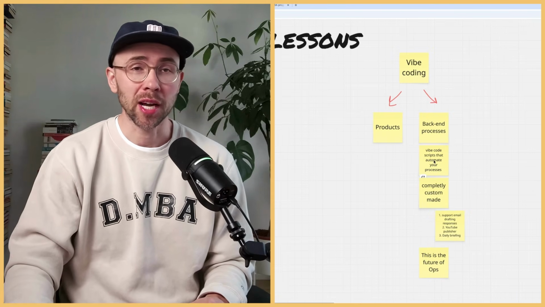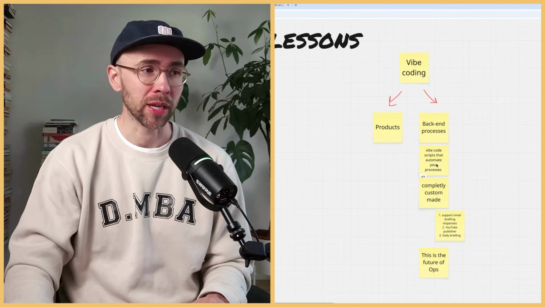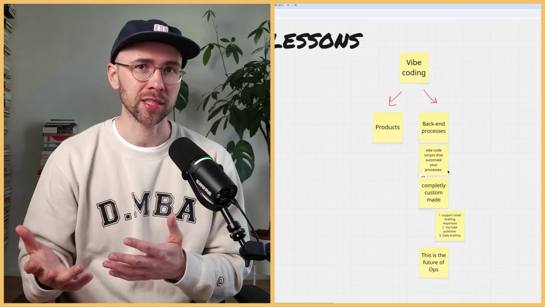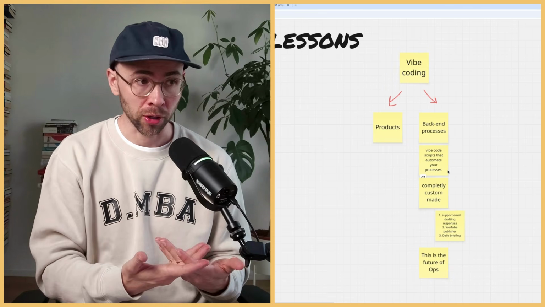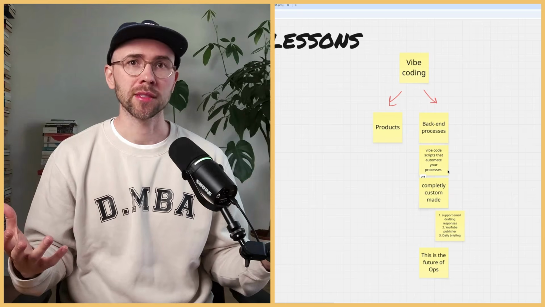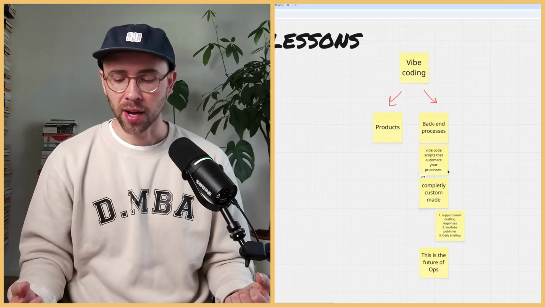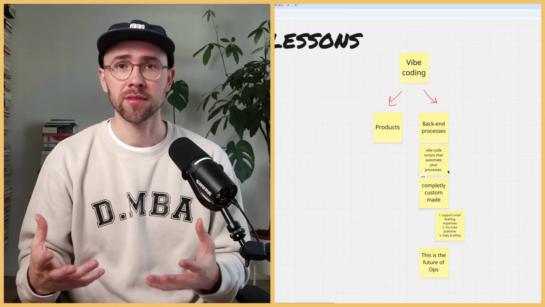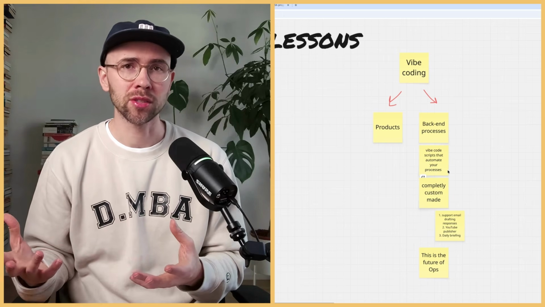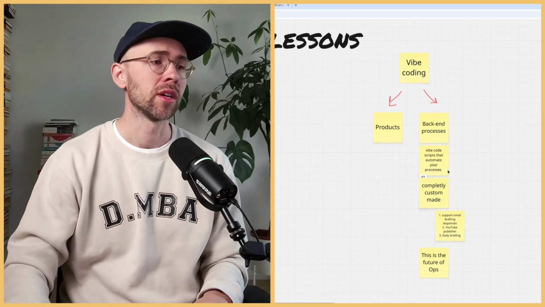So to vibe code scripts, vibe code automations for your processes, for things that you're doing on an ongoing basis, or maybe somebody in your team is doing on an ongoing basis, to automate a lot of those things and make them more reliable. And so we can spend time on stuff that AI still can't do, and we can drive more value through that.